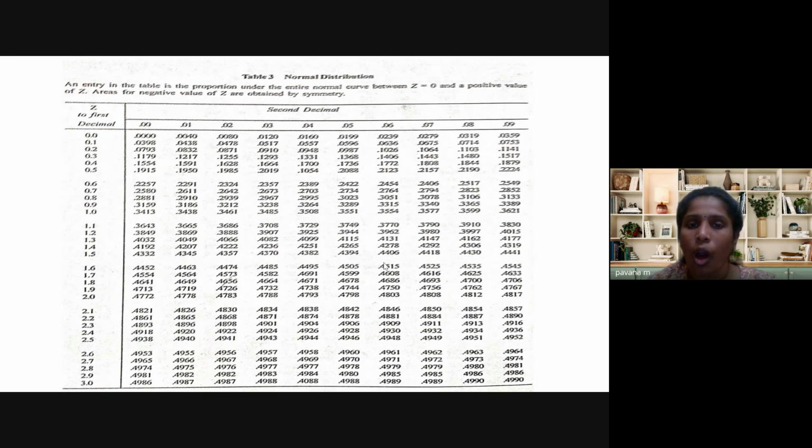So how do we calculate normal distribution problems? Find the area under the normal curve for z is equal to 1.54. Z is the symbol of standard normal distribution. What is the area covered under z is equal to 1.54?